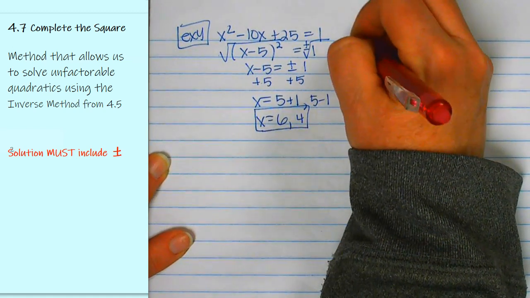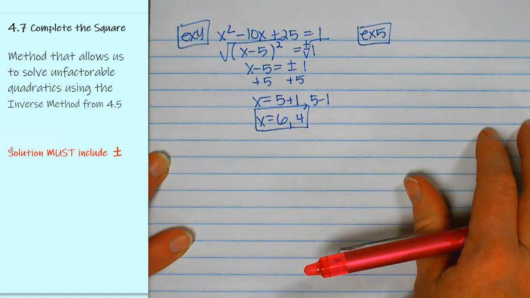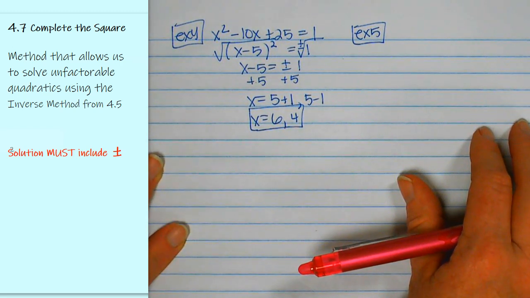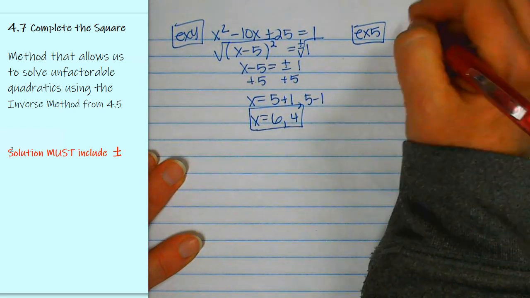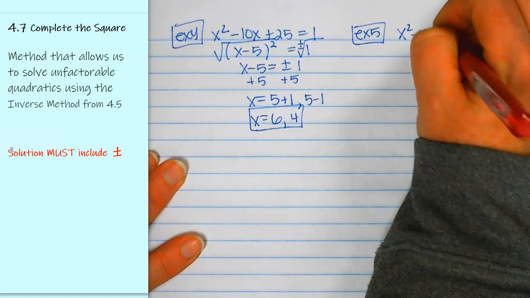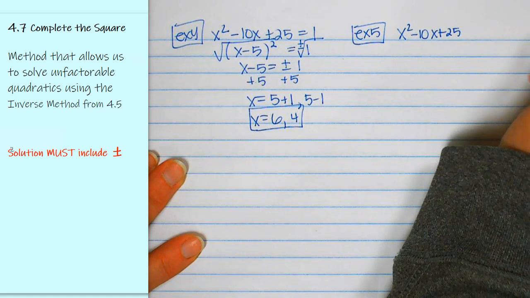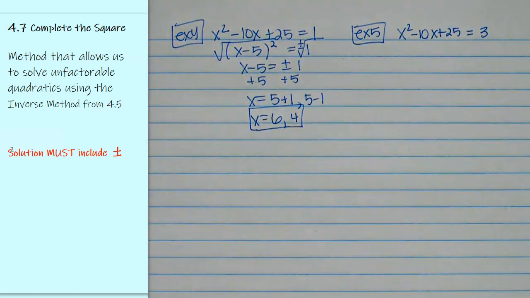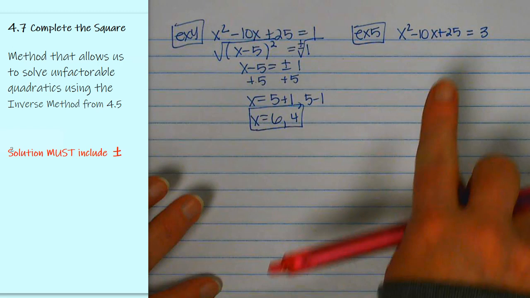Example 5. Pause these and watch them slower if you're not following. This one's not going to work out so pretty. Let's see. X squared minus 10x plus 25, so the same part there, is going to be equal to 3. So to solve this, this is a problem that if it had been written another way, this would not factor.